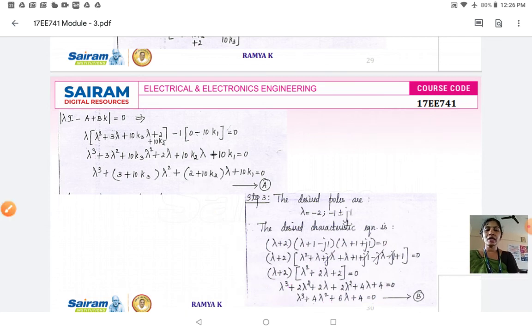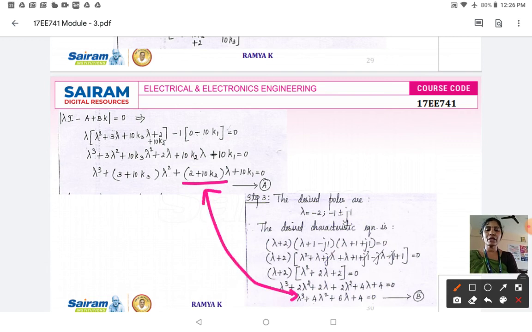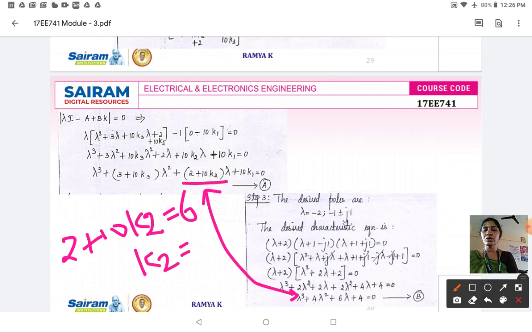In the same way, you can compare the power of lambda between these two equations. When the power of lambda is compared between these two equations, you will get 2 plus 10k2 is equal to 6. So 10k2 is equal to 4, so k2 is 4 divided by 10, which is nothing but 0.4.